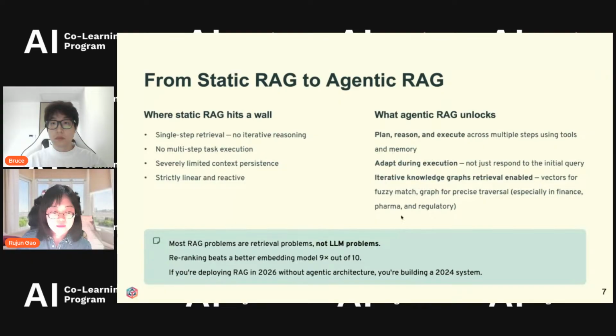So it doesn't just respond to the initial query; after thinking, it can use some tools to do some execution, and then do the next step, etc. And if you have a knowledge graph, the static RAG cannot do too much with it, but with an agentic workflow, it iteratively retrieves something, can go back to find relevant information from the knowledge graph, and then do retrieval again and execution.